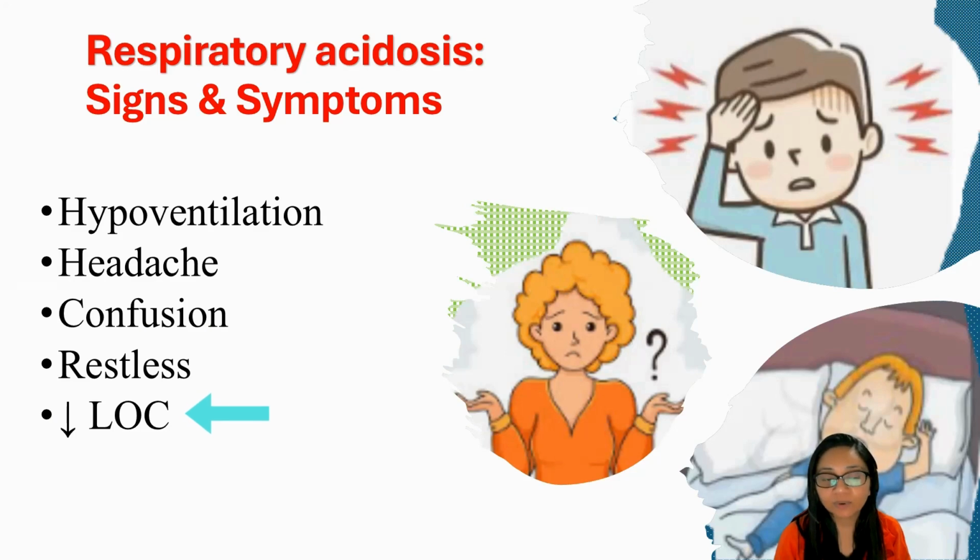There is so much carbon dioxide in the blood and less oxygen, so the vital organs and the brain are not getting enough oxygen. As a result, the patient will have headache, confusion, restlessness, and there are chances that the patient will go into a coma or become unconscious.